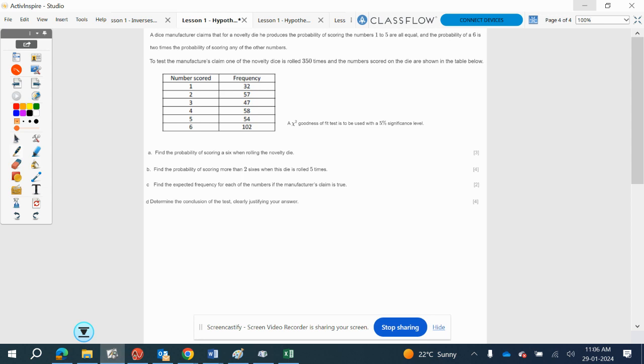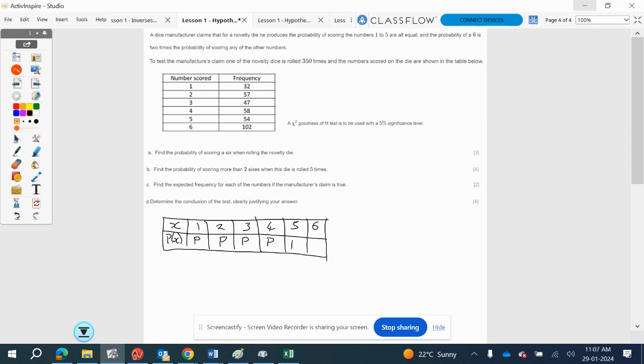So what we can do here is a discrete random variable probability table. We've got 6, 5, 4, 3, 2, 1. The probability of x is going to be p, p, p, p, p, and 2p.